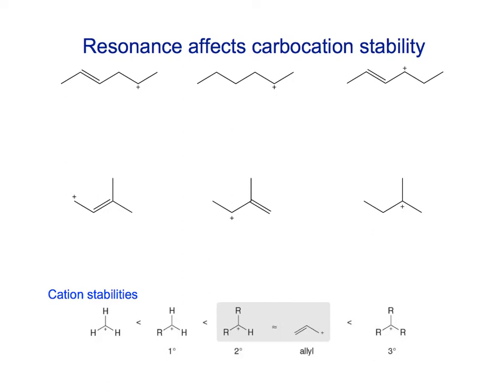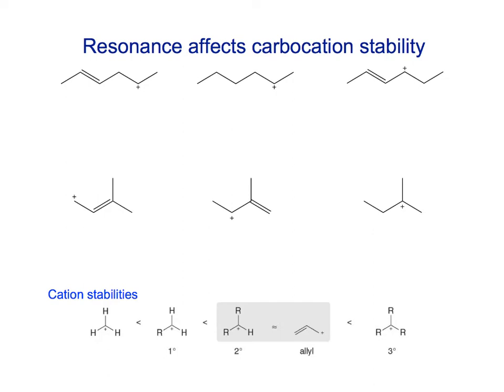So let's look at the ones across the top. Which of those structures in the top three would be the most stable? The first one on the left? No. The middle one? No. The one on the right? Yes, right?